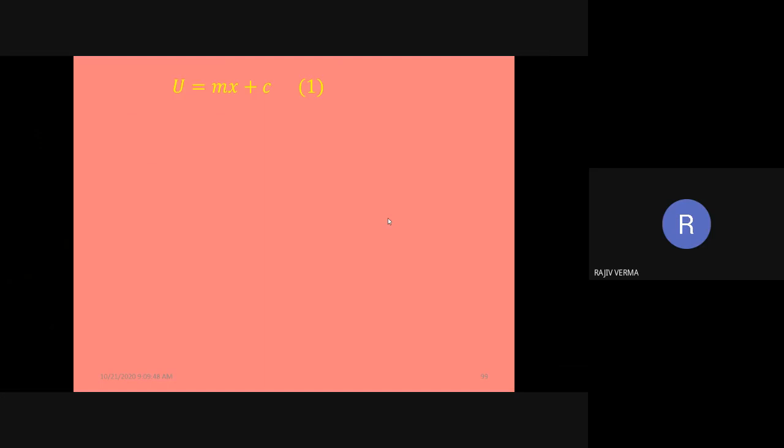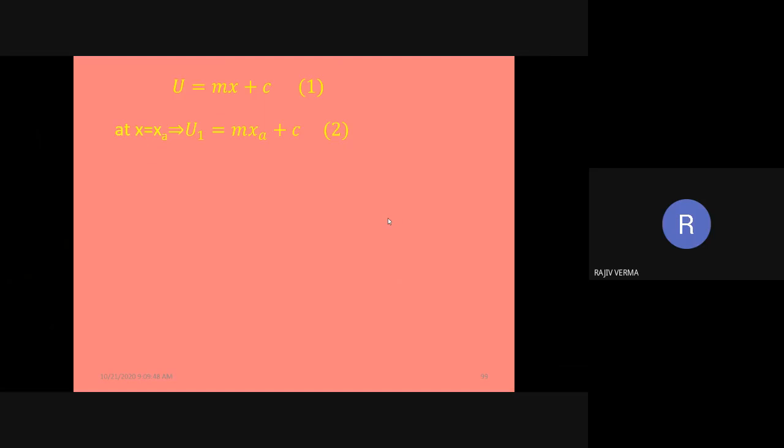We start with equation number 1 on display, and then substitute the value of x, that is xa, in this expression, and correspondingly the value of the unknown is also going to be u1. That gives you equation number 2.